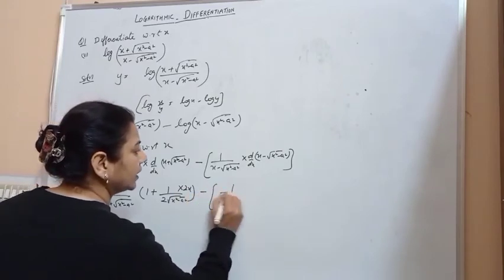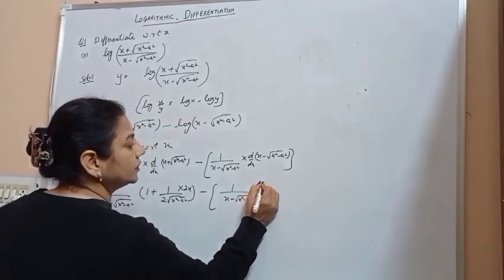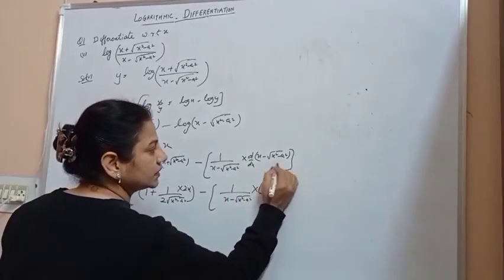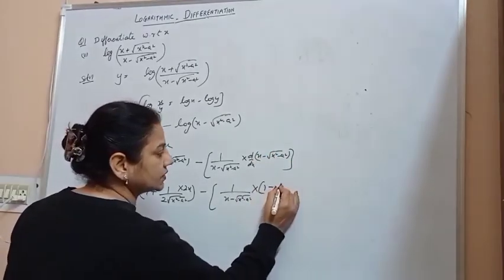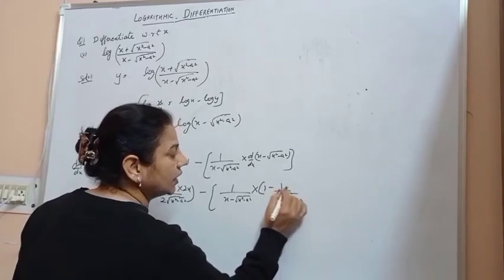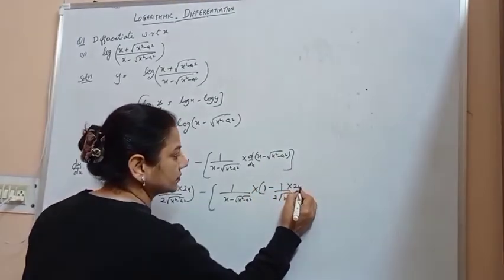Minus 1 upon x minus under root x square minus a square into the derivative of x, which is 1, minus the derivative of under root x square minus a square, again 1 upon 2 times under root x square minus a square into the derivative of x square minus a square, which is 2x, into 2x.